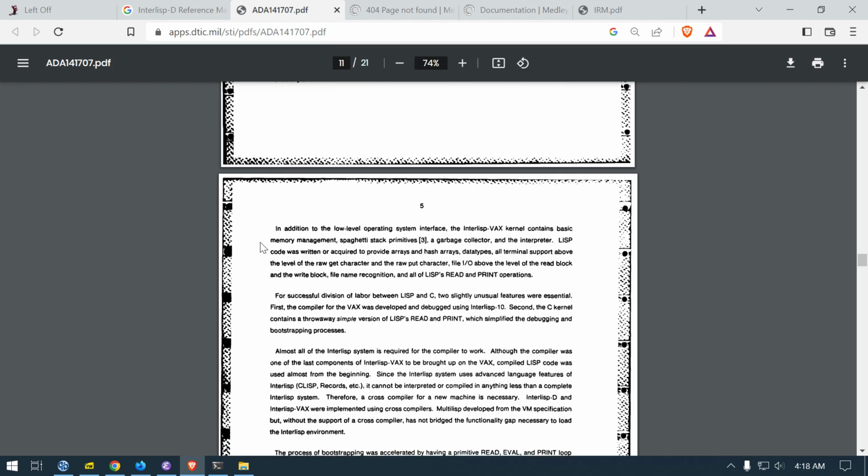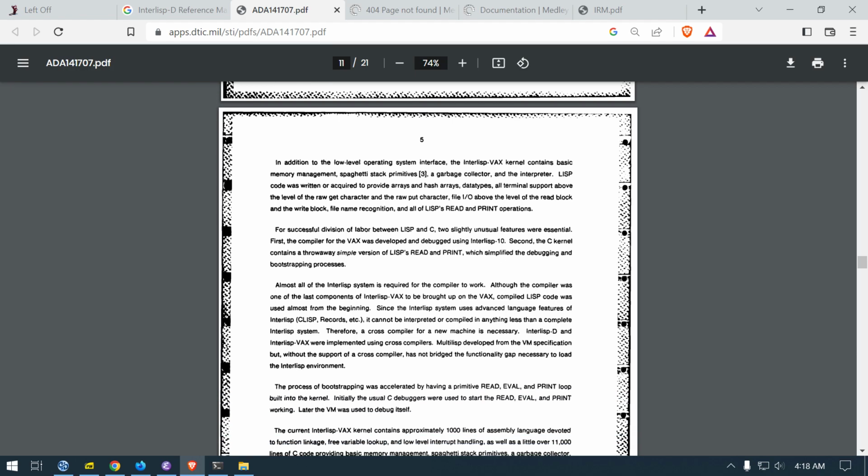Covered that enough. So, in addition to low-level stuff, the Interlisp VAX kernel has to have memory management, a spaghetti stack, a garbage collector, and an interpreter. And so they went ahead and wanted to implement arrays and hashes and data types and all this stuff. So even back then, Lisp had more than just lists.